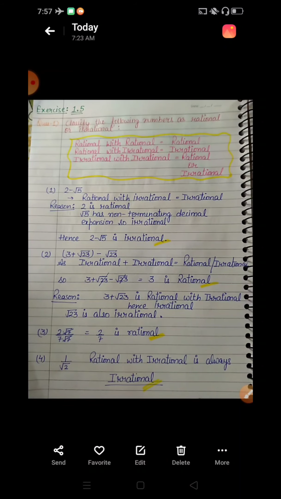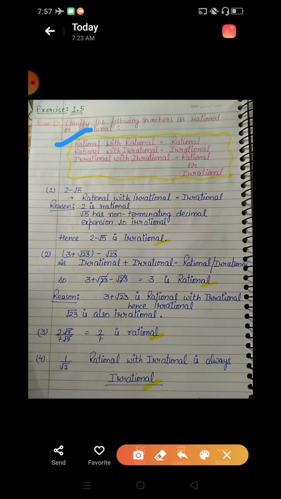Now let us go for our exercise. The first question is, classify the following numbers as rational or irrational. You are given a number and you have to tell whether this number is rational or irrational. So three things you have to keep in your mind. Whenever you operate a rational with a rational, the answer is always rational.